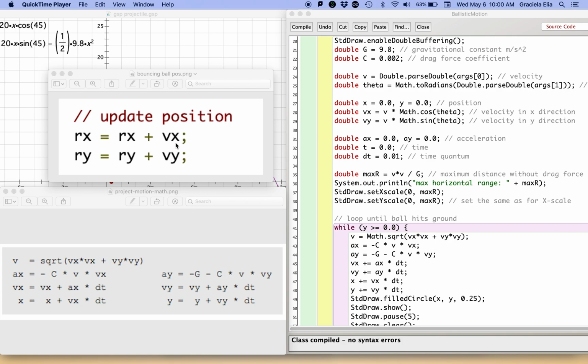Why Vx and Vy? Well, because we look at the positions on the x and y plane, the Cartesian plane. That means you always have to tell the x and the y position for the point, so there will be an increment on the x and an increment on the y.